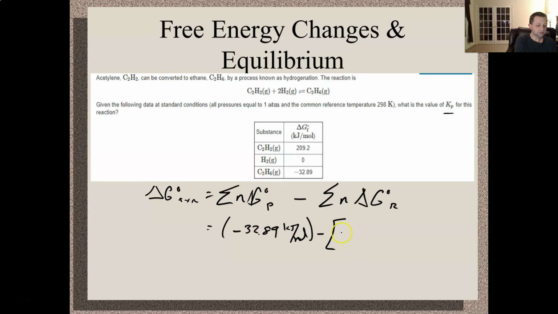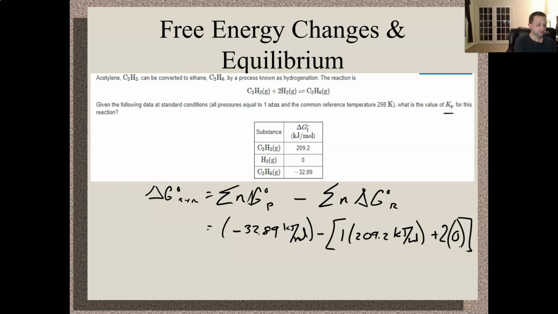We have C2H2, there's 1 of those, so 1 times C2H2, which is 209.2 kilojoules per mole, plus 2 times the delta G for hydrogen gas, which is 0.